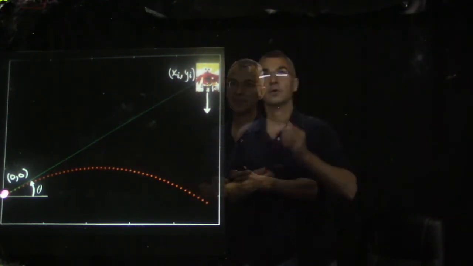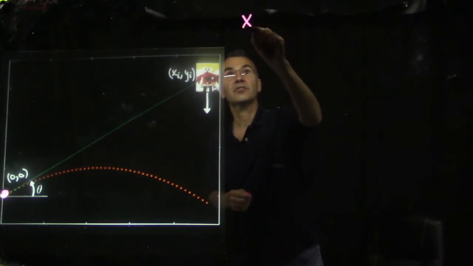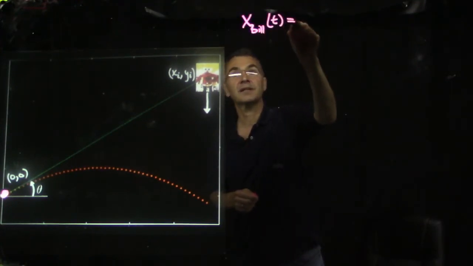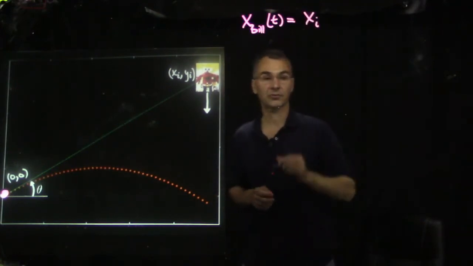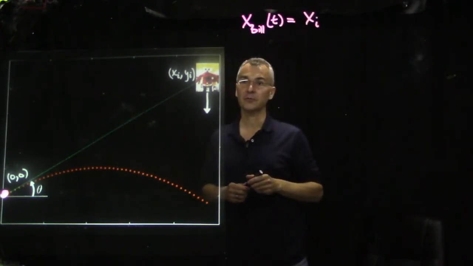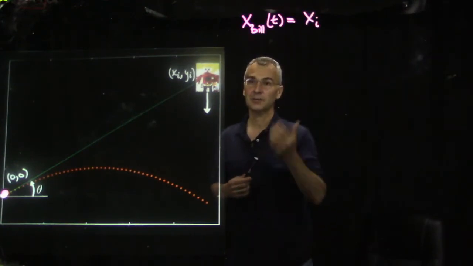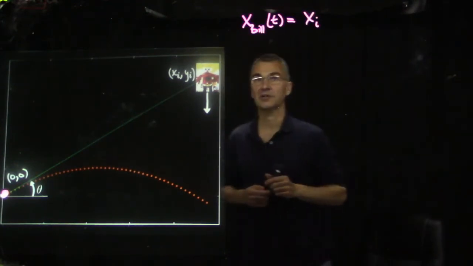So then we're going to say x of Mr. Bill as a function of time is just x initial, because Mr. Bill moves only downward. He just drops from holding on to the tree. He does not move horizontally at all.